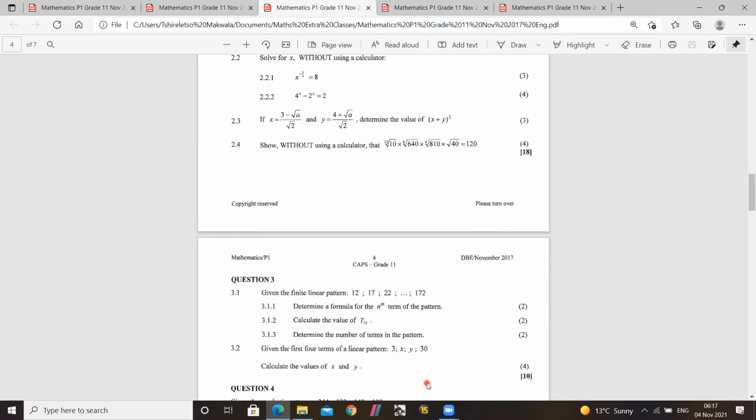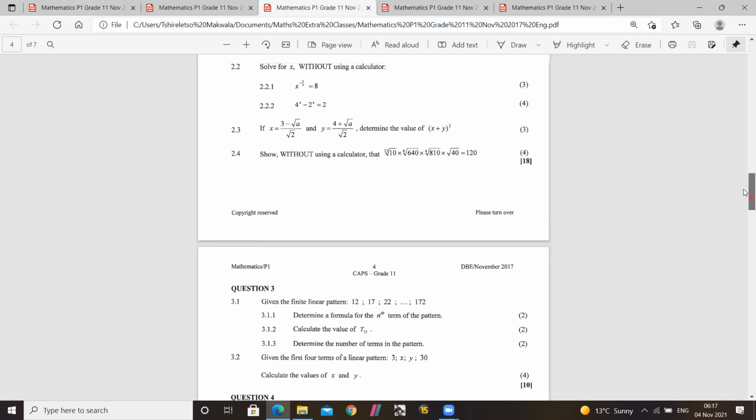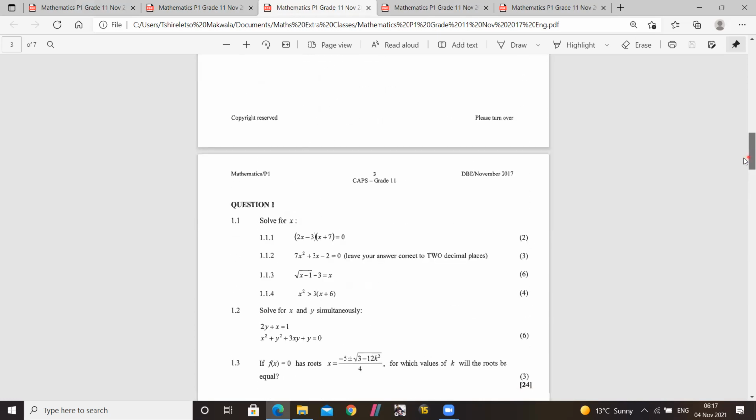Then you'll get the values of x and y. You're gonna get three equations here: x minus 3, y minus x, and 30 minus y. Three equations, so you're gonna solve for x and y simultaneously, and you're gonna get one value for x and one value for y. So that's basically linear patterns.